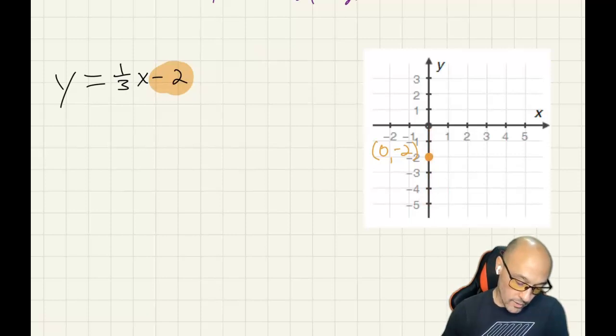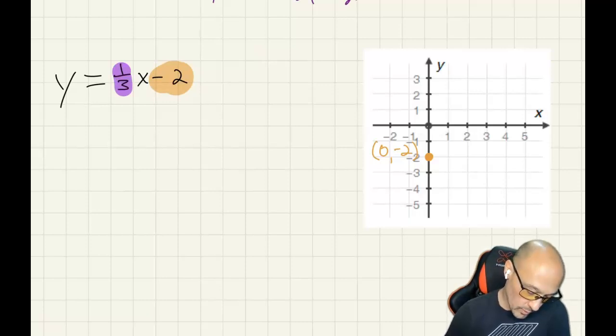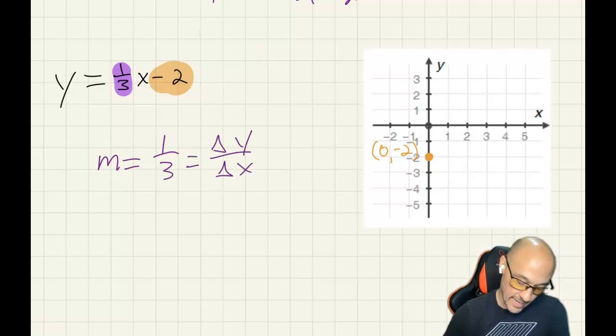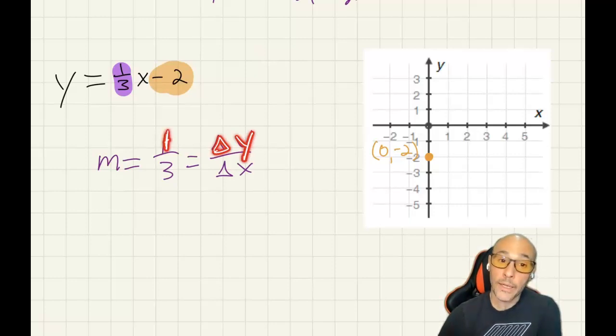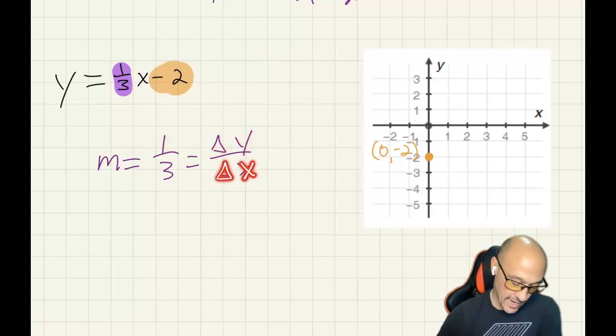And now our slope there is 1/3. And so we can remember that it equals change in y over change in x. And that means that we go change in y up 1 and change in x to the right 3.